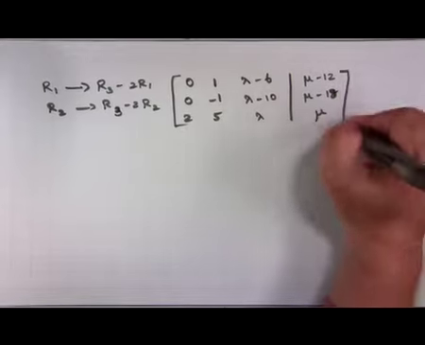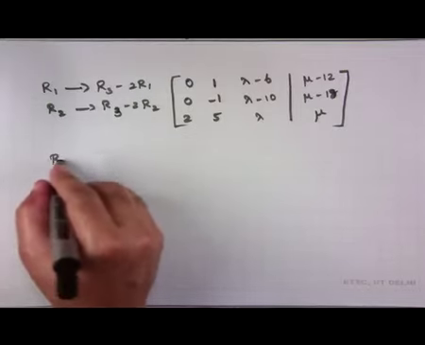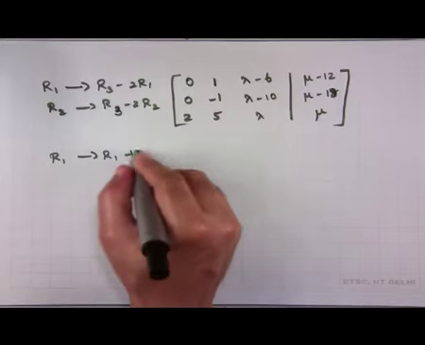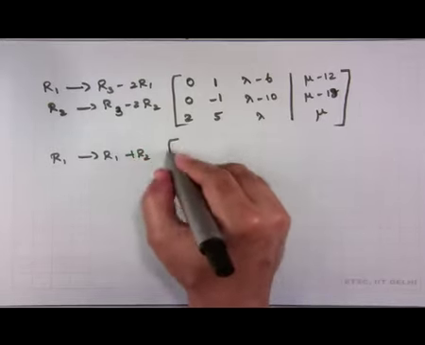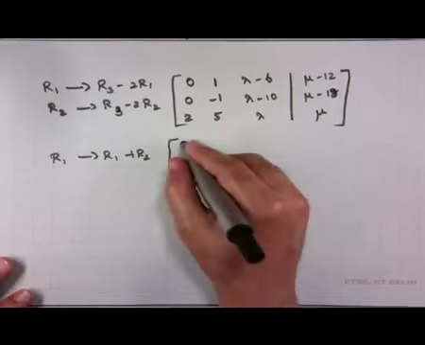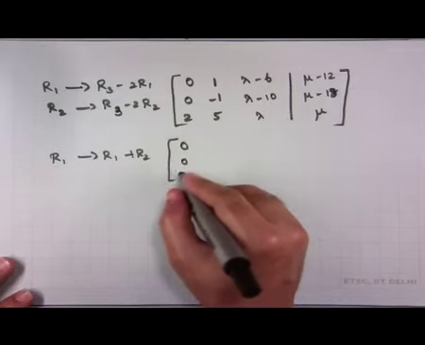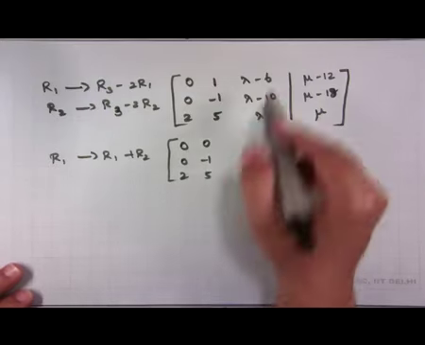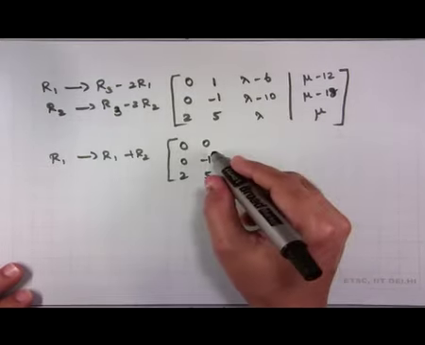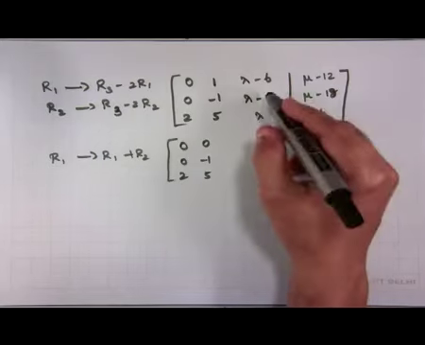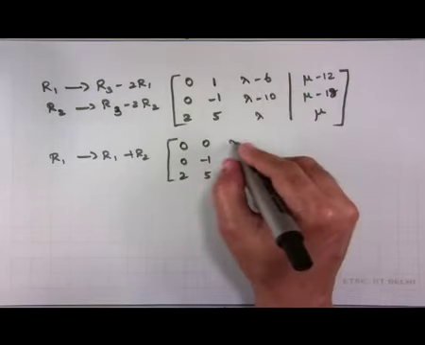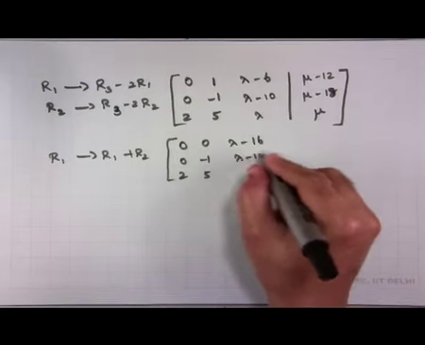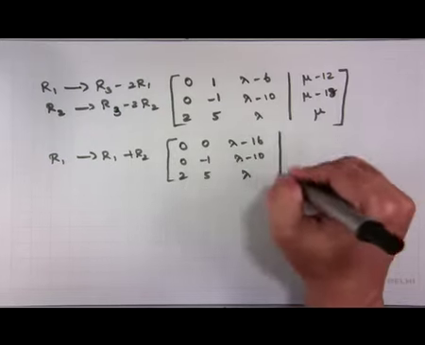Now, let us replace R1 by R1 plus R2. First column is 0, 0, 2 and then you have 0, minus 1, 5, this plus this. So, what you will have is lambda minus 16, lambda minus 10, lambda.